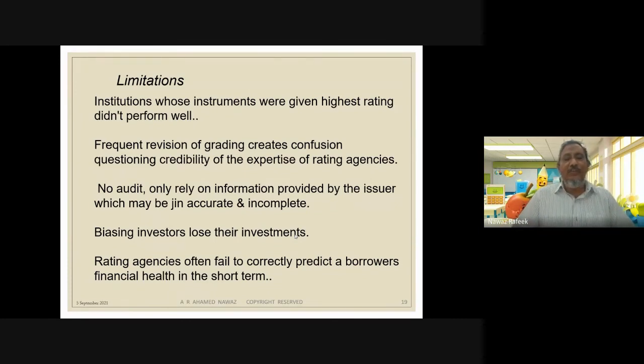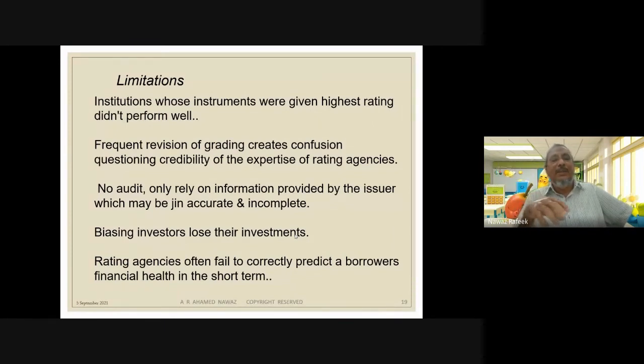Rating agents often fail to correctly predict the borrower's financials in the short term. This is one of the difficulties we have with rating agencies. Short-term financials cannot be predicted clearly. Short term may change, but long term you can guess something. Over a period of time it can come to settlement, but over a short term it may fluctuate.